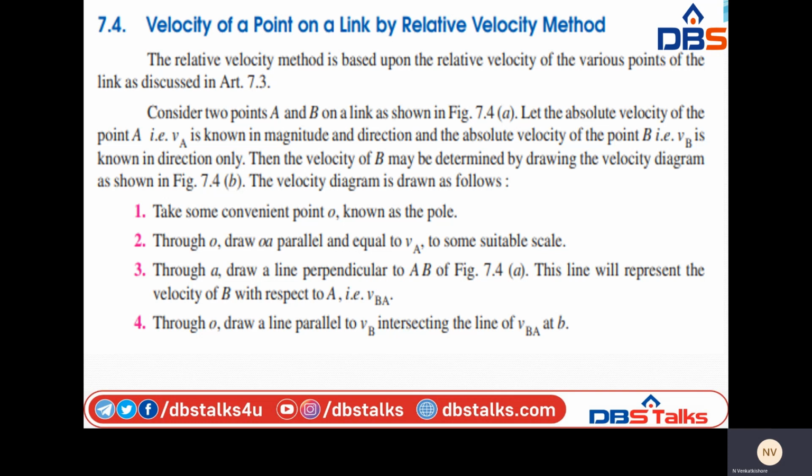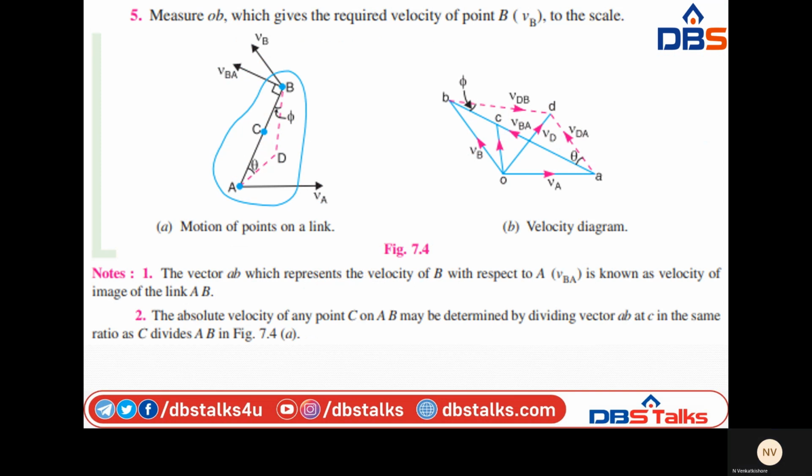Then the velocity of B may be determined by drawing the velocity diagram from B. The velocity diagram is to be drawn with the following conditions. In the second diagram, the velocity diagrams are created from B.